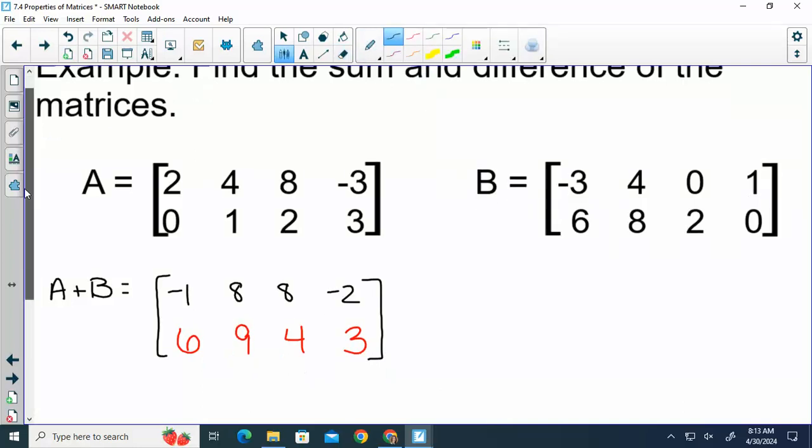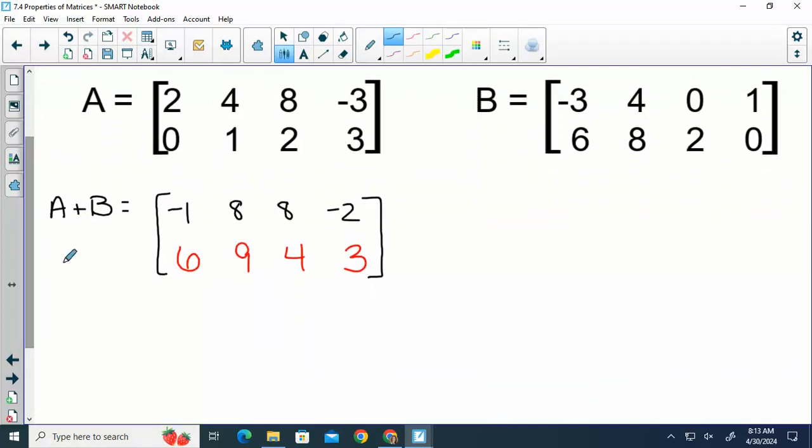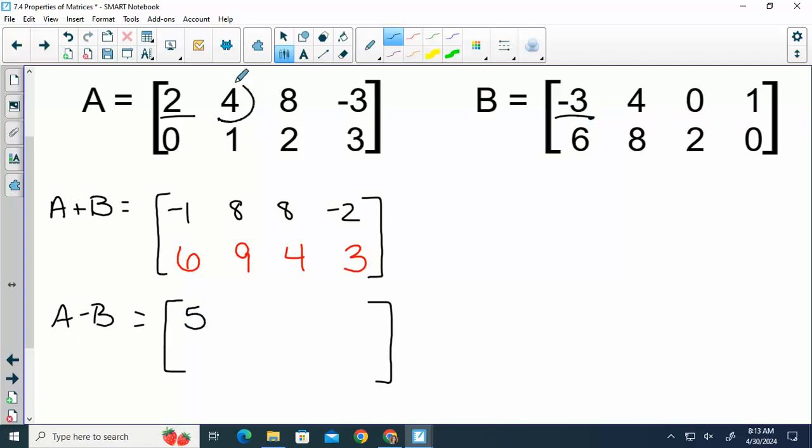So, A minus B, which would be different than if we did B minus A, we just go through and subtract corresponding numbers. So 2 minus negative 3. 4 minus 4. 8 minus 0.